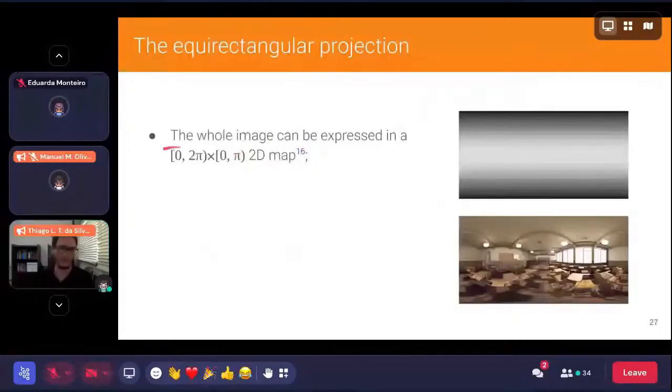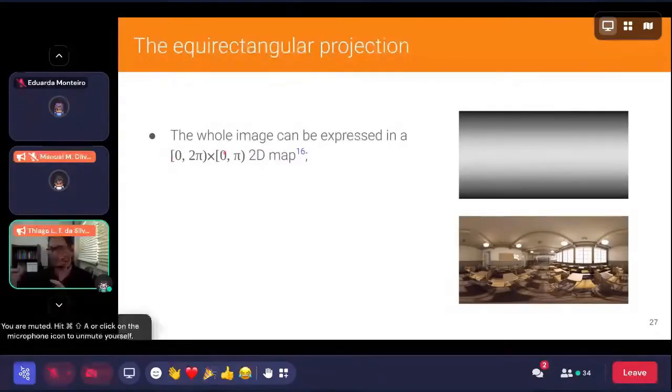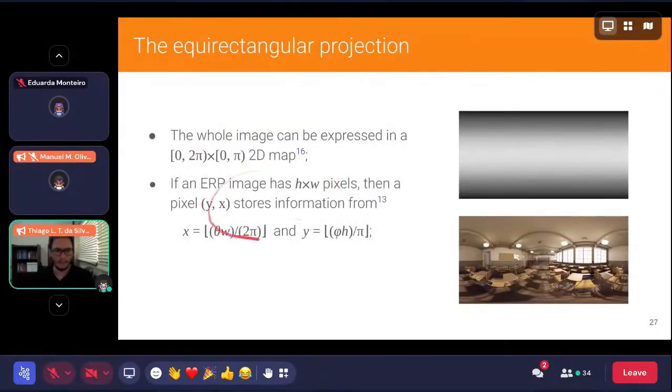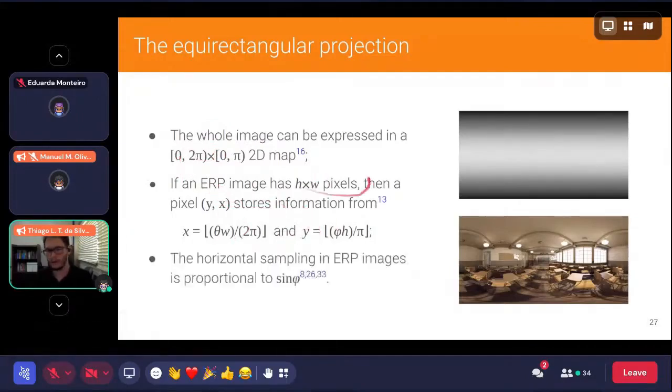This 2D map has a 0 to 2 pi limit in one dimension and a 0 to pi limit in the other dimension. Well, it's a continuous domain, and we need to discretize this domain and form our image.